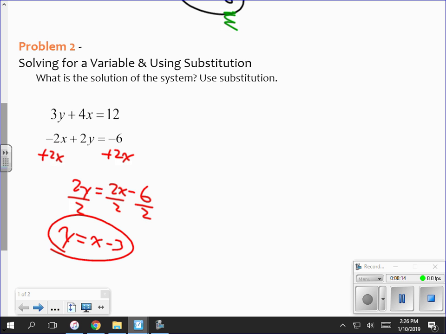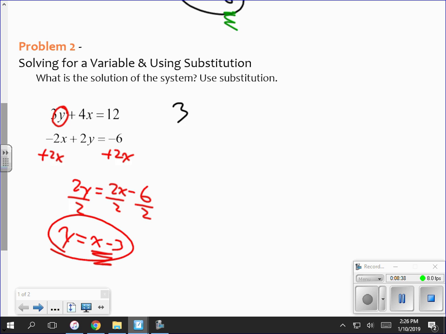Now, I have to do the substitutions that I just did before. Same idea. But there's one thing you cannot do. I cannot substitute this into the equation I rearranged. I need to substitute it into the other equation. I need to take this x minus 3 and put it in for y.